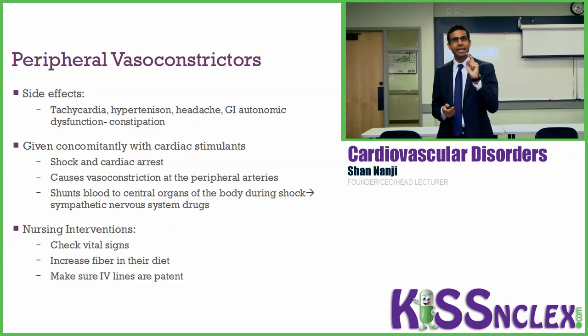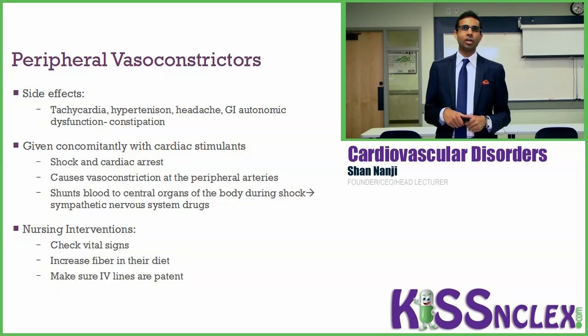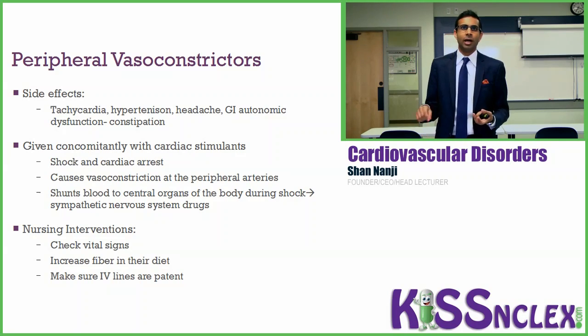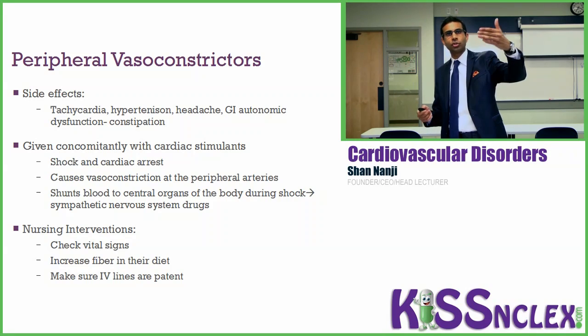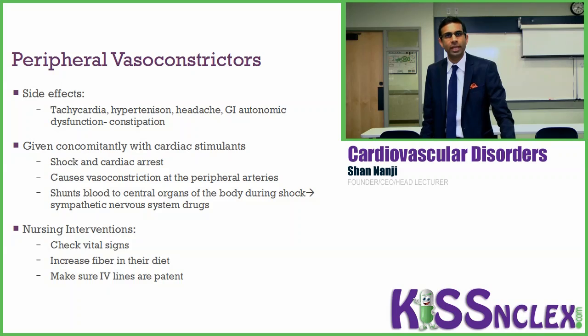It can also lead to headache, GI autonomic dysfunction, specifically constipation in this case, okay? Now, you give this concomitantly with cardiac stimulants for shock and cardiac arrest. It can cause vasoconstriction in the peripheral arteries, which is the goal, but as a result, it'll shunt blood to central organs of the body during shock, so that's why we use it then.